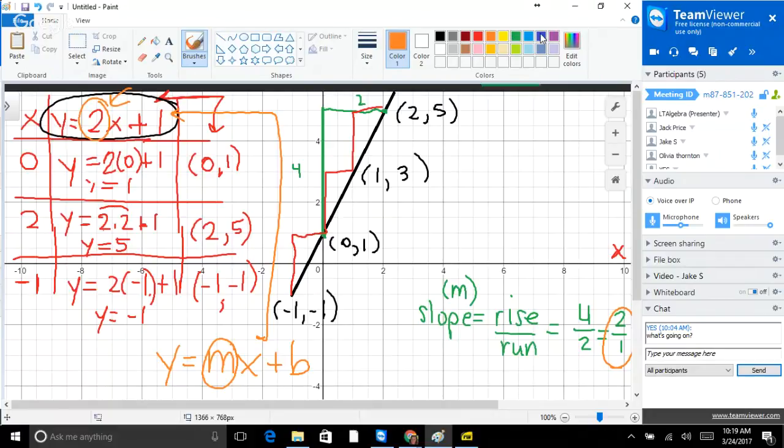Okay. And whatever number is being added at the end, plus 1, that's the y-intercept. So look at where does this hit the y-axis? It hits the y-axis at plus 1. So these things are all kind of interconnected. We're learning all of the different things at once, right?